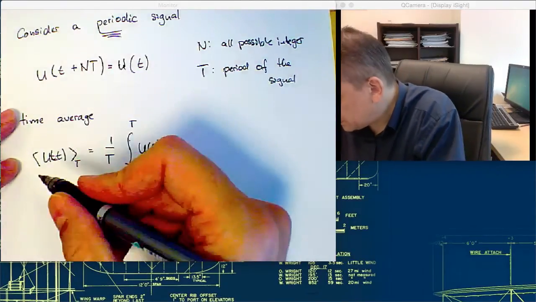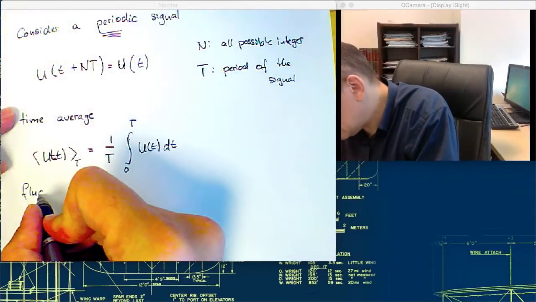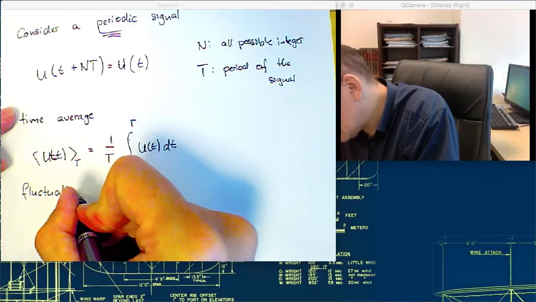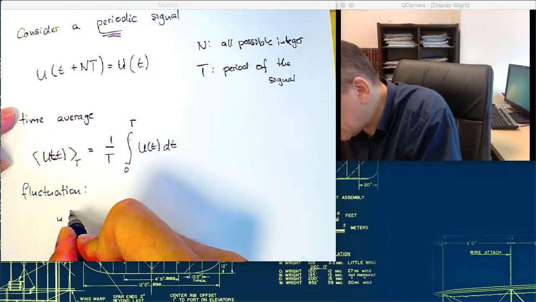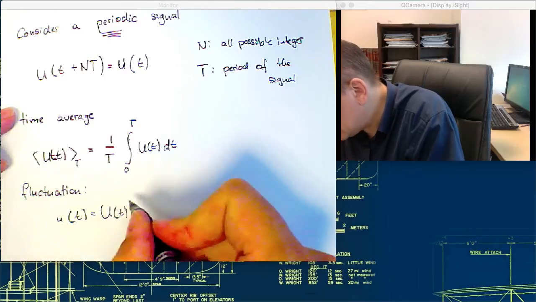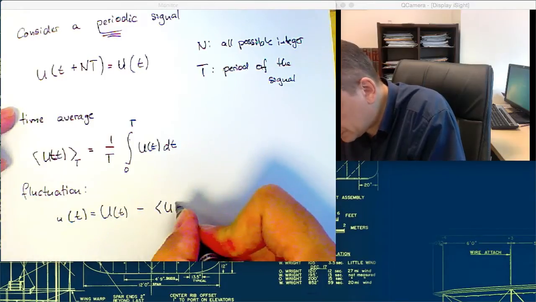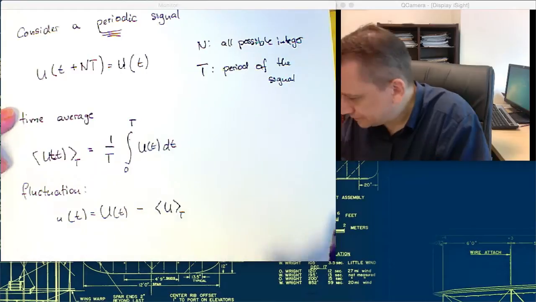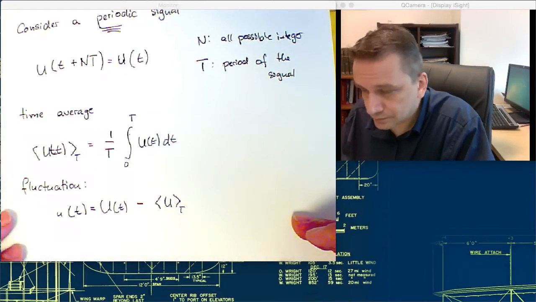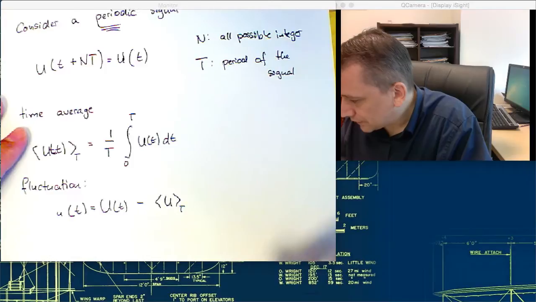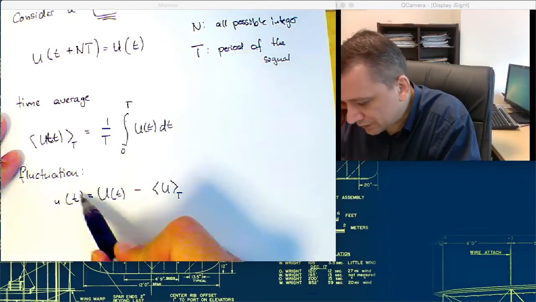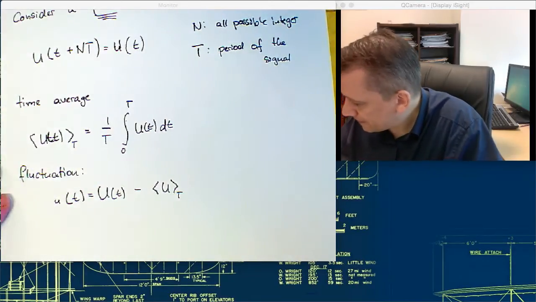But then you have the fluctuating part, lowercase u is equal to uppercase u minus the average, of course. And of course the average of the fluctuating part is then going to be 0.